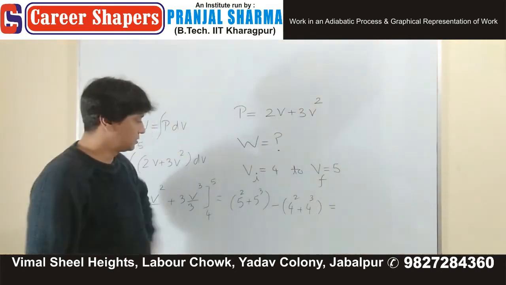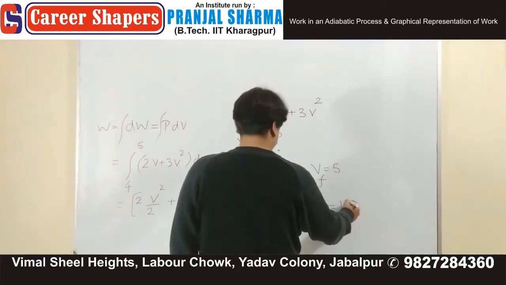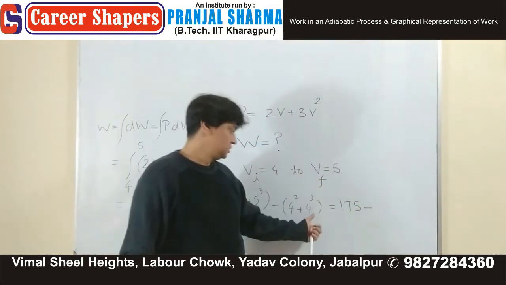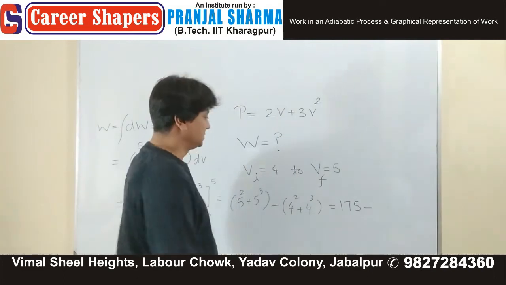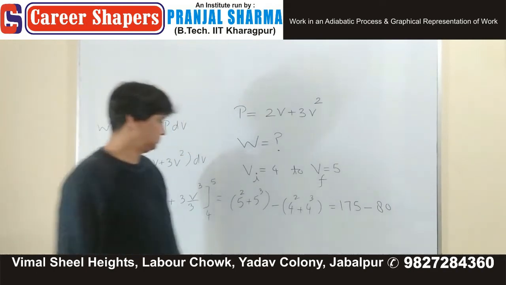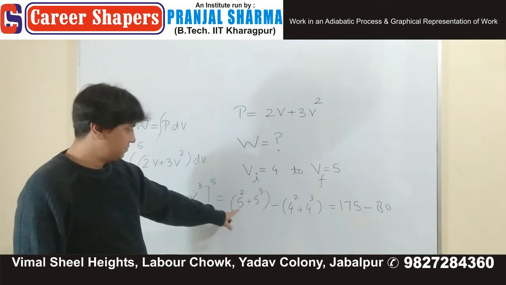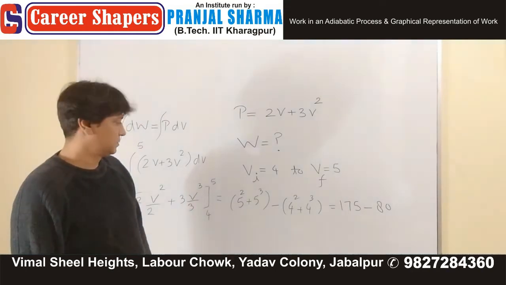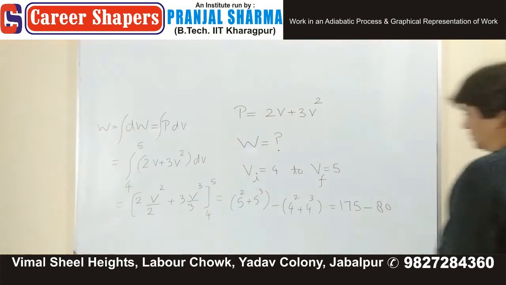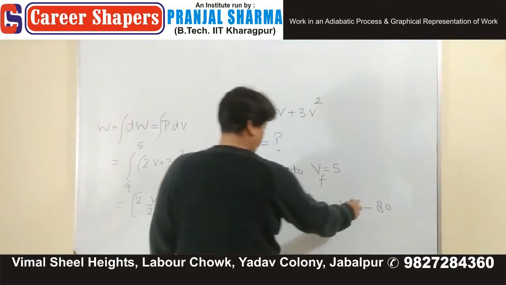This is coming 25, 125. Minus 4 square is 16, 4 cube is 64, 16 plus 64 is 80. 125 plus 25 is 150.